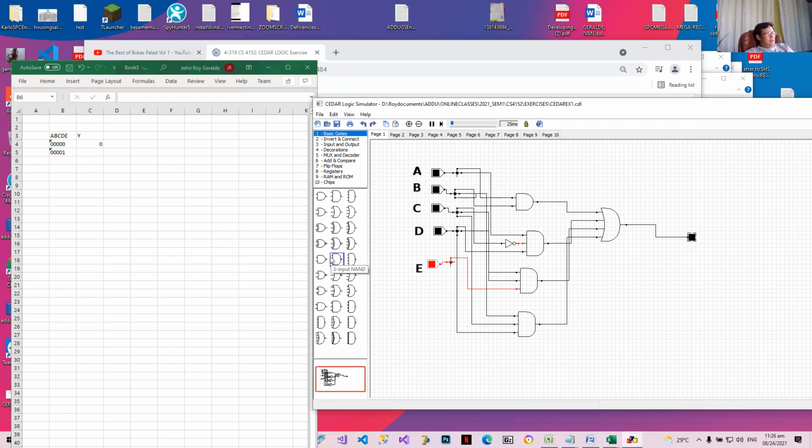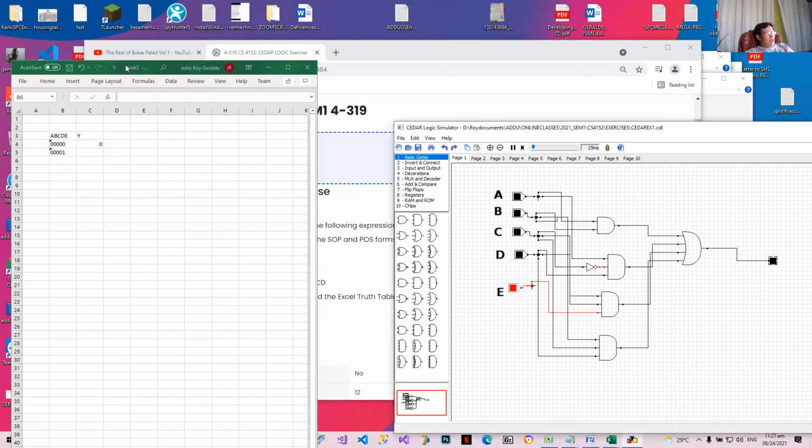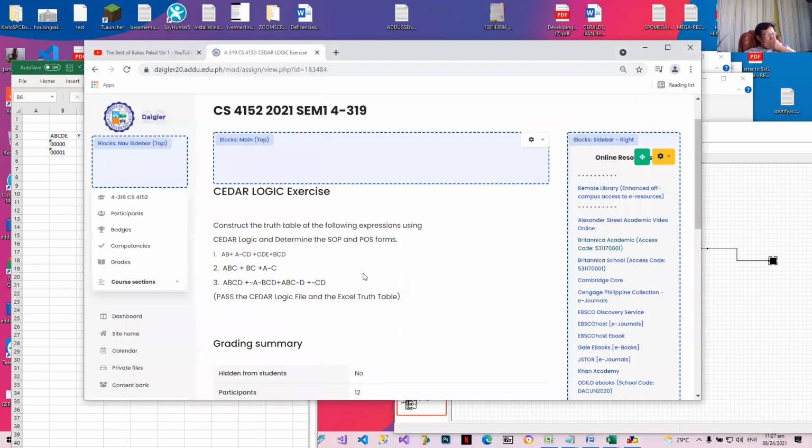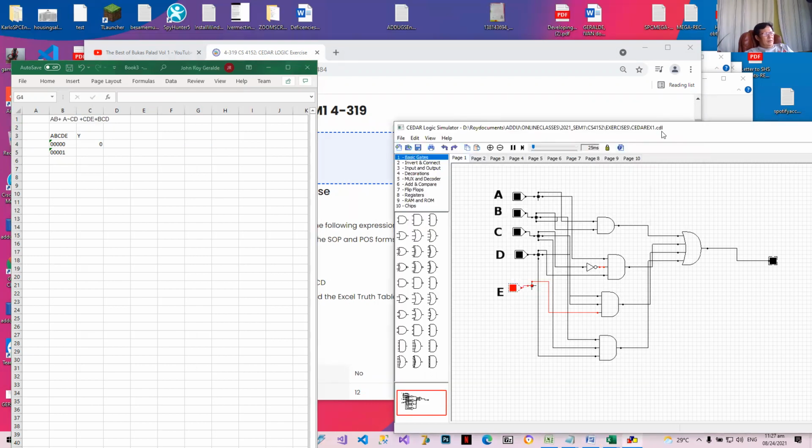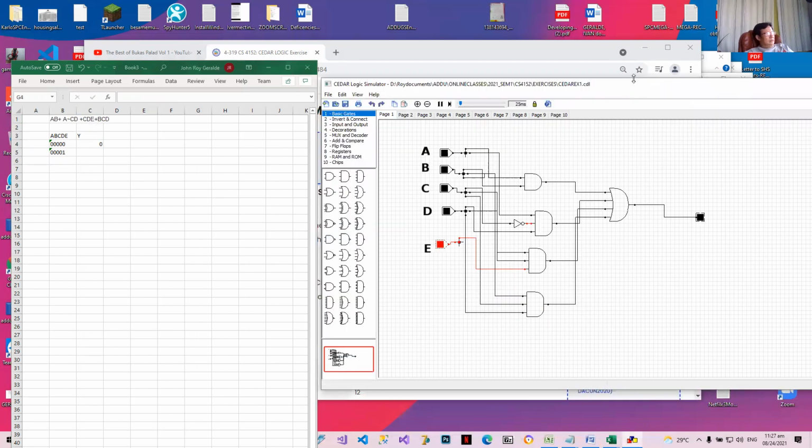Tama pa tayo? CDE. Let's check the ano. That's our ano, expression. So isa lang yung E. Dito lang, okay?